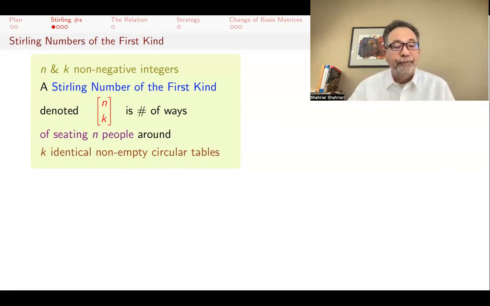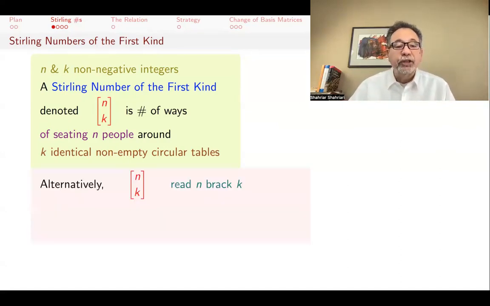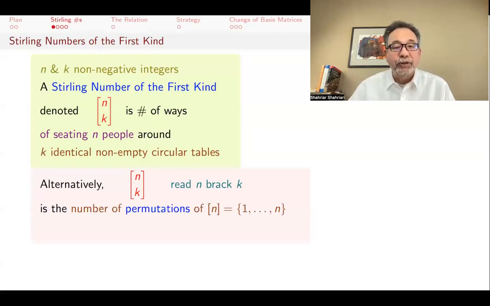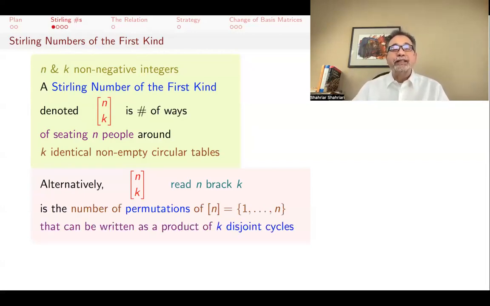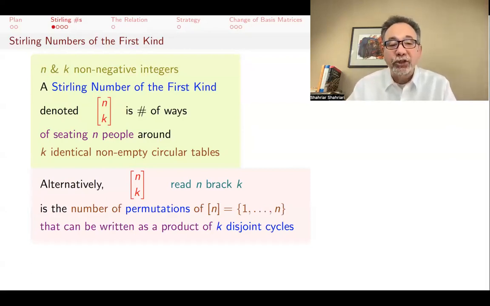The relations matter. Alternatively, you can say that n bracket k, that's how we read that notation, is the number of permutations of 1 through n that can be written as a product of k disjoint cycles.